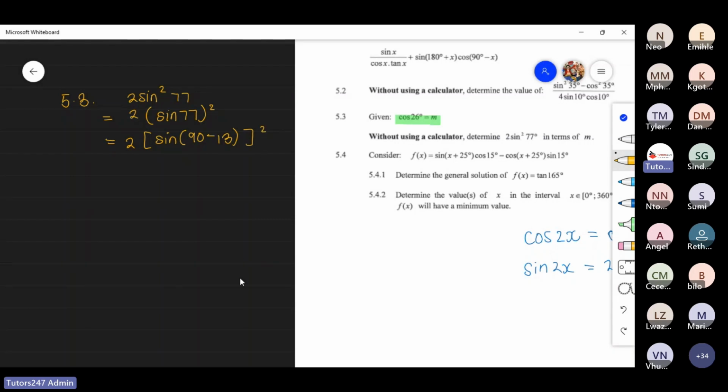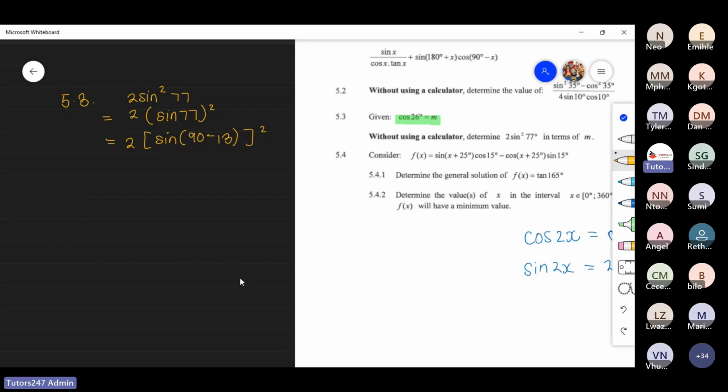Technically, I've still not changed anything as yet, because if I were to simplify 90 minus 13, I would end up with 77, which takes me back to the previous step. So everything is exactly the same. I've not changed a single thing. I've just represented it in a different way.